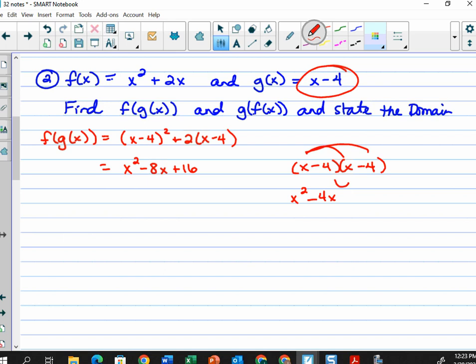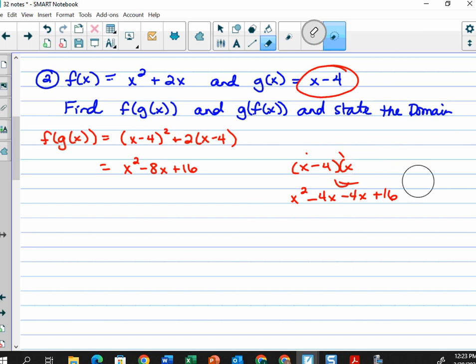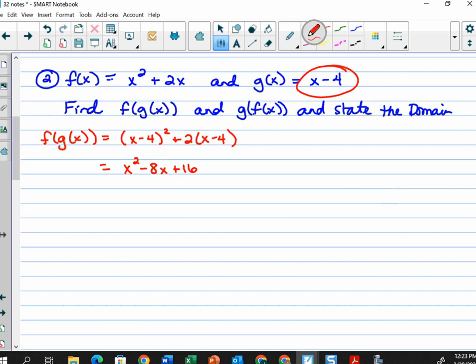Don't forget about those middle terms. Multiplying. All right. I also have to distribute my 2 here, so I'm going to have plus 2x minus 8. So what is my final answer for f of g of x?